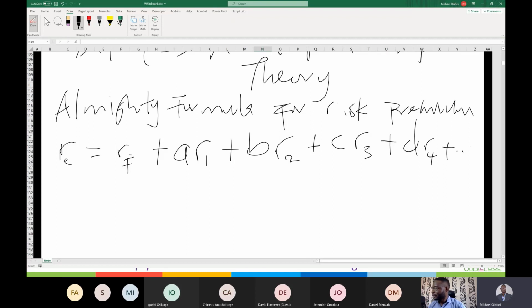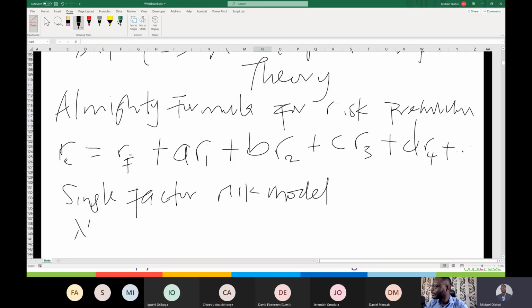That's where you will hear things like single factor risk models, multi-factor risk models.